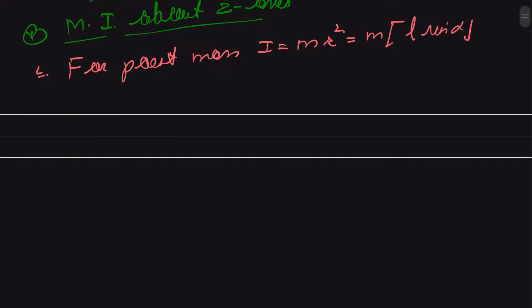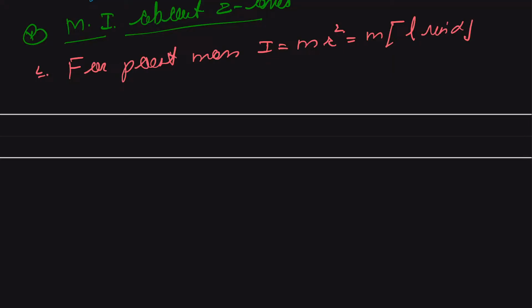Therefore from here we get the moment of inertia about the z-axis, let us call this Iz. In this case we have two masses and they are symmetrical.